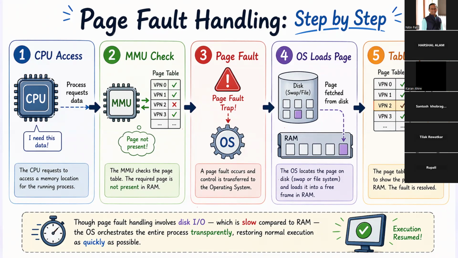CPU request, MMU checks, page fault, OS loads, table updates, and execution resumes. And all of this happens so efficiently that your system continues to feel fast, responsive, and seamless despite working with limited physical memory. And this is the true power of virtual memory in action.